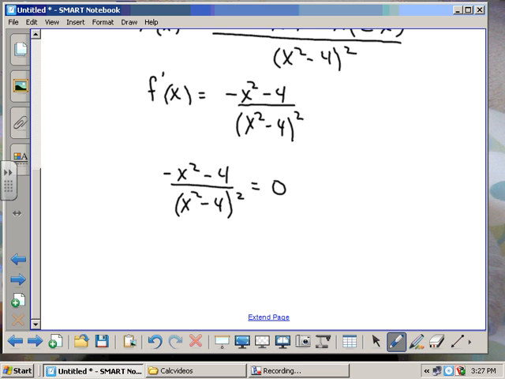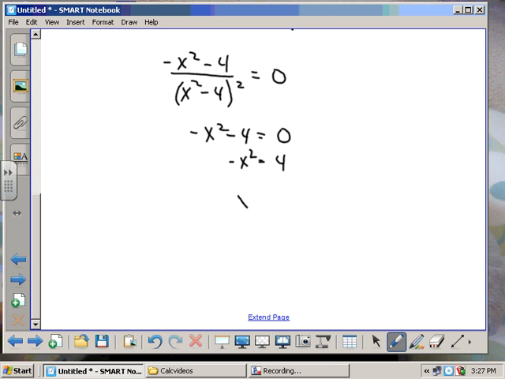In solving a rational function, we'll set the numerator equal to 0 once we have that common denominator. Add 4. So x squared equals negative 4. We know we can't take a square root of a negative number, so we have no critical points.